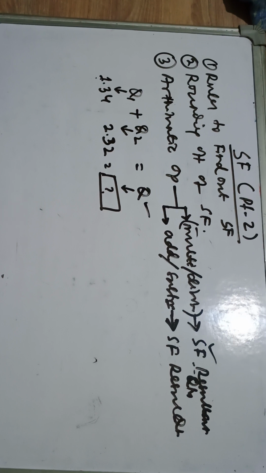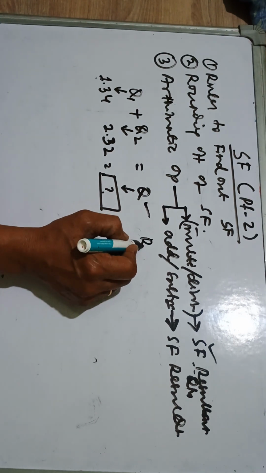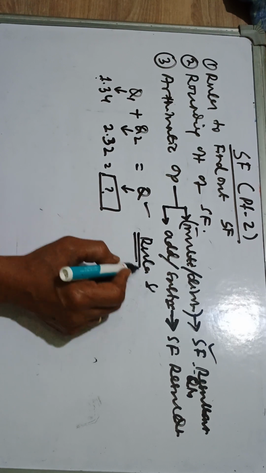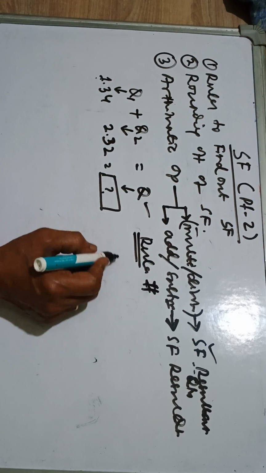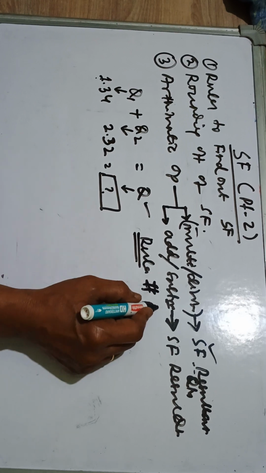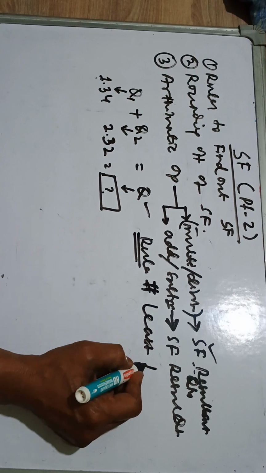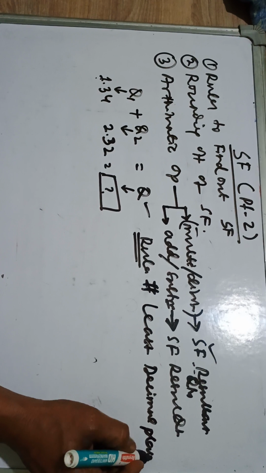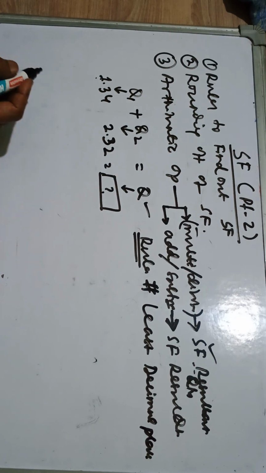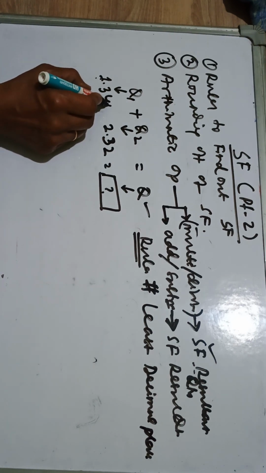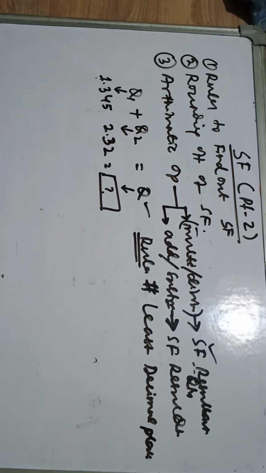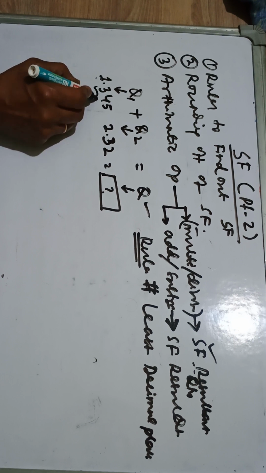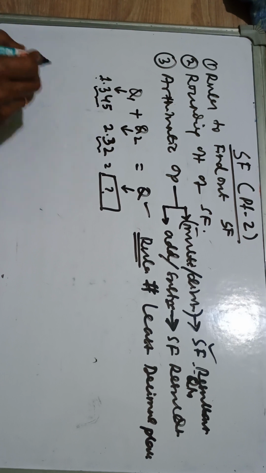In addition and subtraction, the rule says we will refer to the least decimal place. Suppose one is 3.45 and the other is 2.32. Here the decimal places are 3 and here 2.